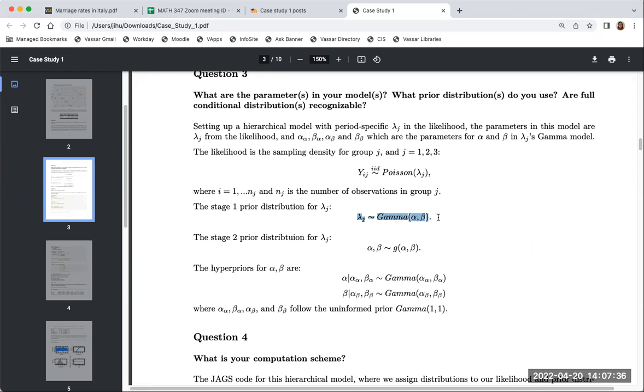That is another issue with directly using gamma 1 1, in addition to not having the flexibility of letting lambda j follow a different gamma that we're not too sure about, which we can do in this version. Also, if the data set is too small, we might have a very strong prior that deviates from what the data is telling us.